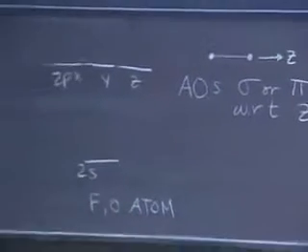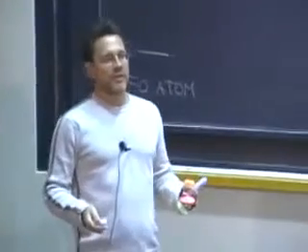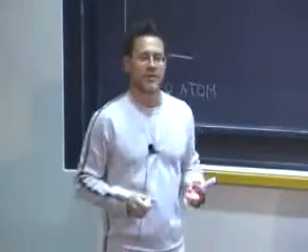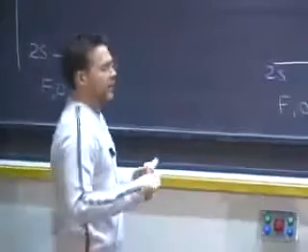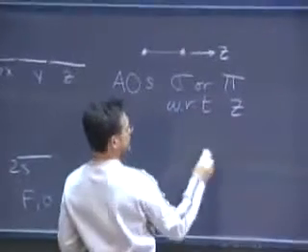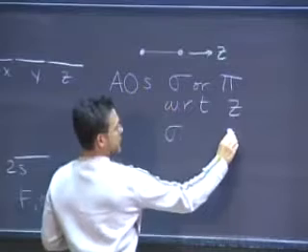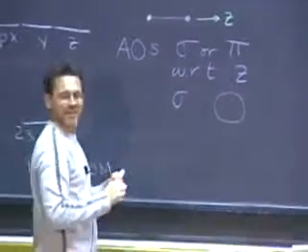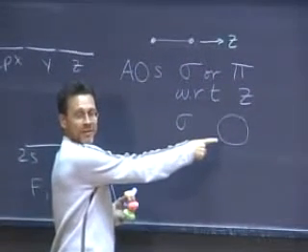Okay? And remember what that means in terms of the nodal properties. If something is sigma with respect to z, that means if you view it down z, it will look like a cylinder. It'll look like a sphere, actually. It will be cylindrically symmetric about the z-axis. Okay? If something is sigma, then if you're viewing down z, you see that. Okay? That could be either an s orbital or it could be a pz orbital.